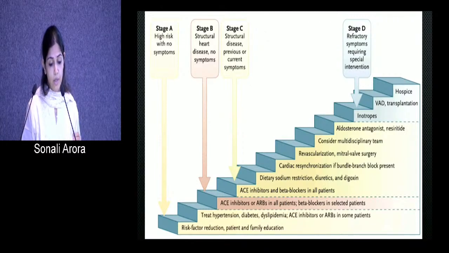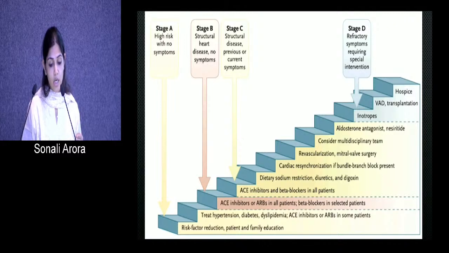This is the usual guideline-directed medical therapy stepwise treatment of a heart failure patient, going from stage A, who has high risk with no symptoms, to stage B, who has structural heart disease with no symptoms. If they have structural heart disease, you want to start them on appropriate guideline-directed medical therapy, which has survival benefit. So if they have hypertension, treat them with beta blockers like carvedilol or bisoprolol, and not any other medications.